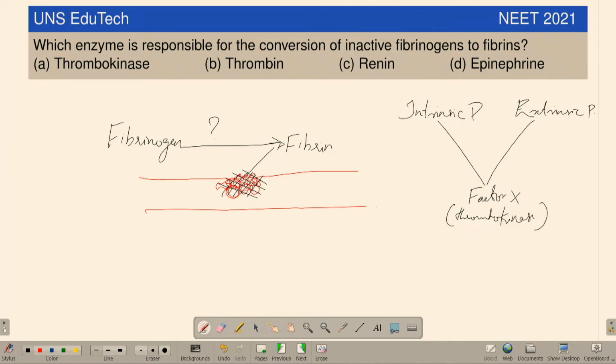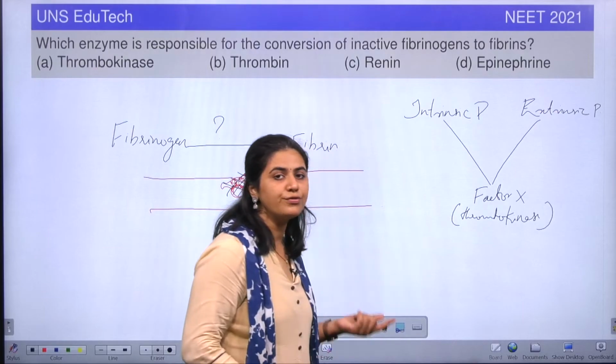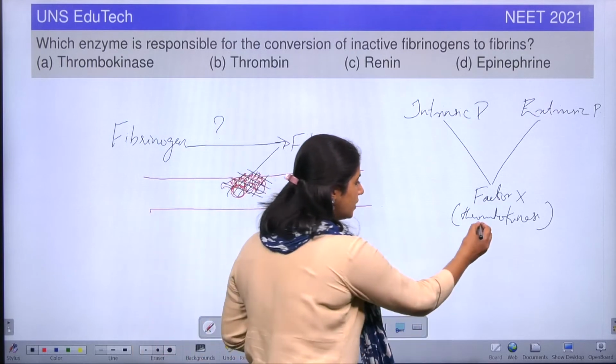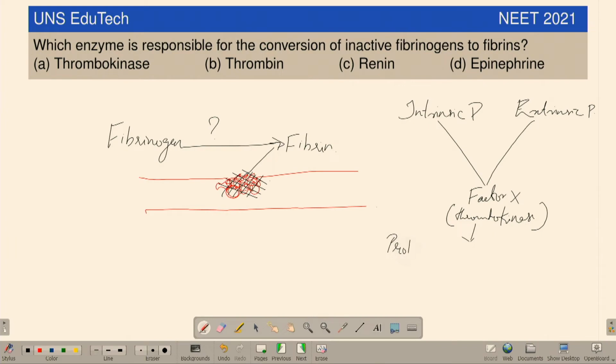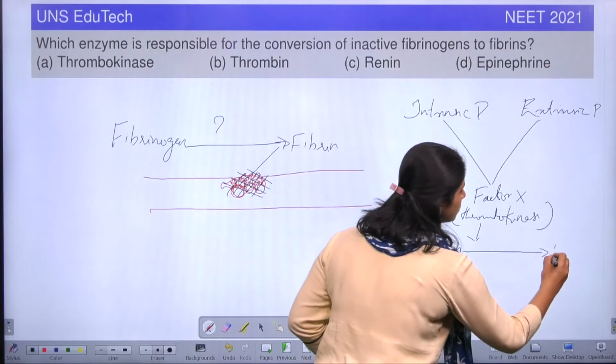What is it called? Thrombokinase. So the function of thrombokinase is to convert prothrombin, that is the inactive form of thrombin, into thrombin.